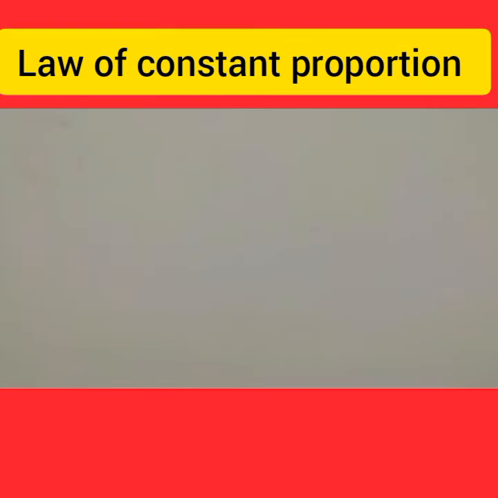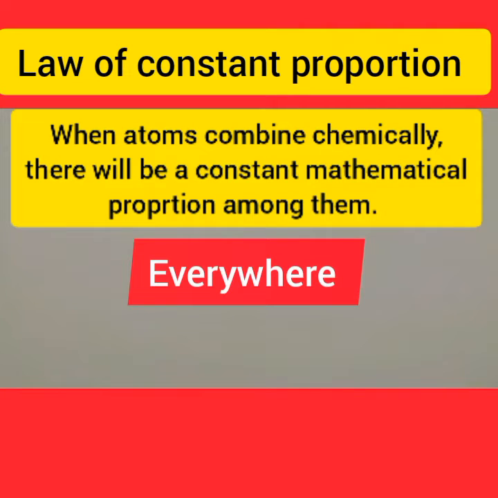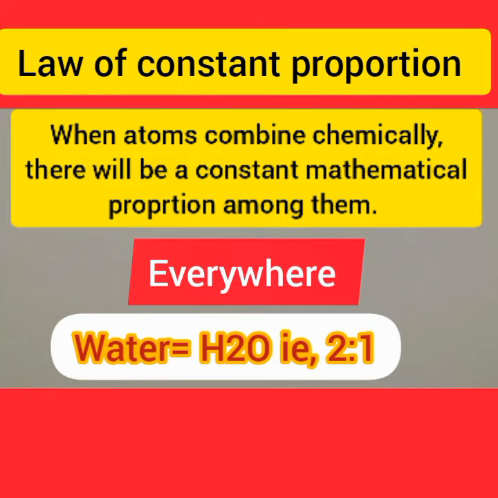Now let us simply understand what the law of constant proportion is. It says that when a compound is formed, there will be a mathematical proportion, a constant proportion, everywhere in the universe. For example, water is the combination of hydrogen and oxygen. The formula is H2O, that is 2 hydrogen and 1 oxygen.